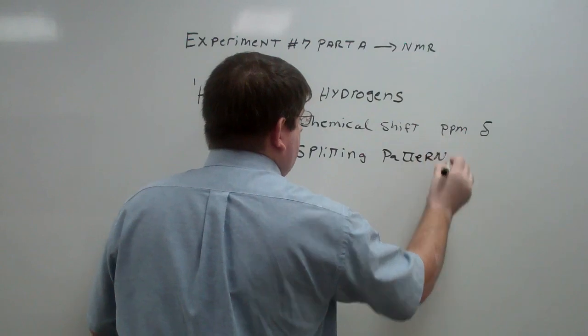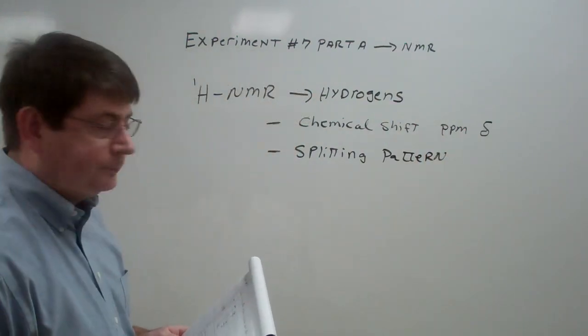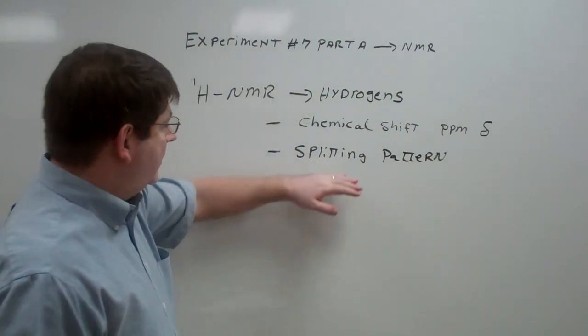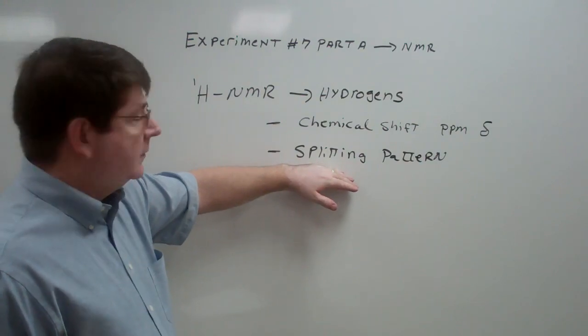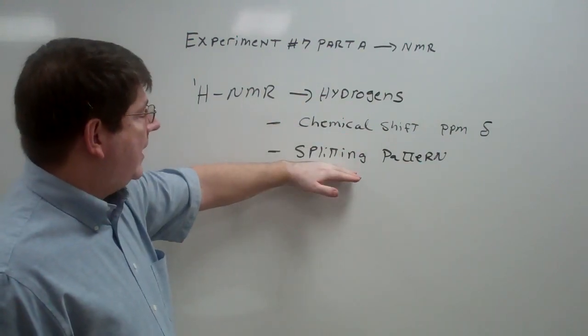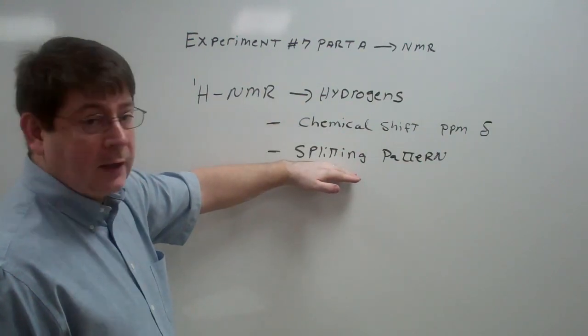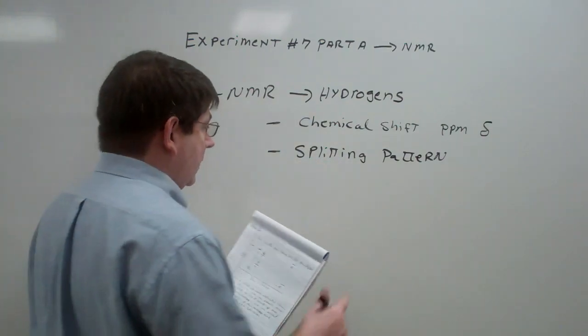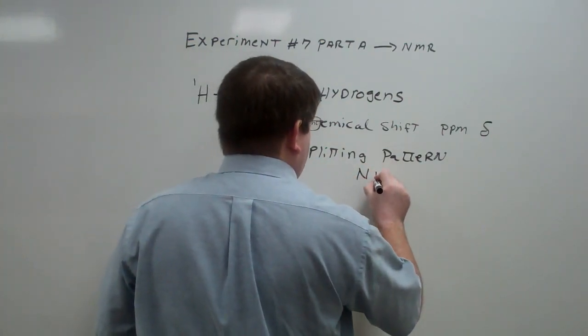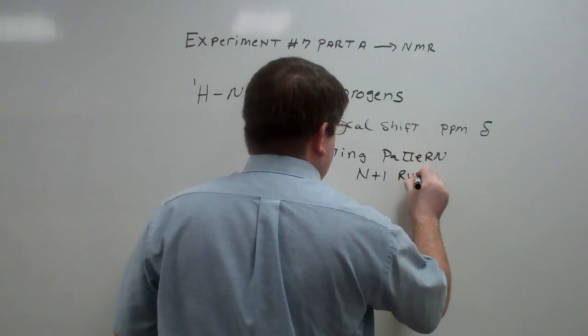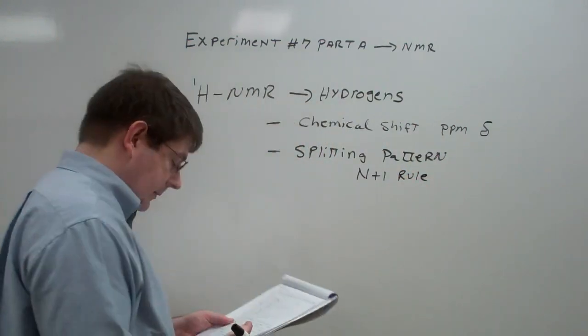We also get information on the splitting pattern of the signal, how the signal is split. So we get a chemical shift, but that can be split into a pattern that we can actually interpret that tells us something. And that follows what's known as the N+1 rule, which we'll talk about in more detail here in just a minute.